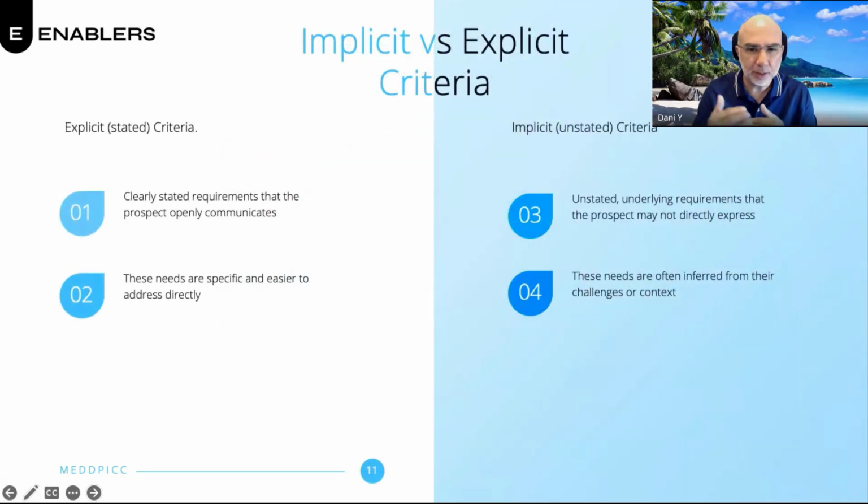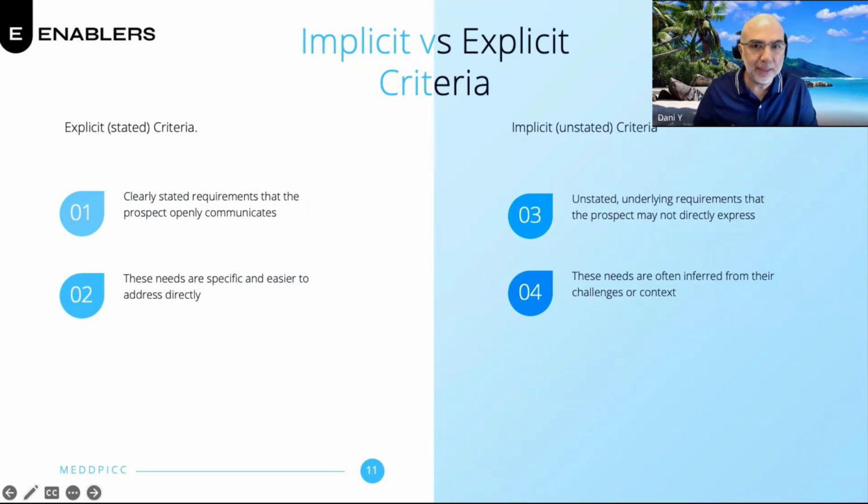Now, just to build on this idea of the decision criteria, I've broken it up into two further categories: explicit criteria and implicit criteria. Explicit criteria are these clearly stated requirements that the prospect has openly communicated to you and indeed to your competitors. Their needs are specific and easy to address directly, right?